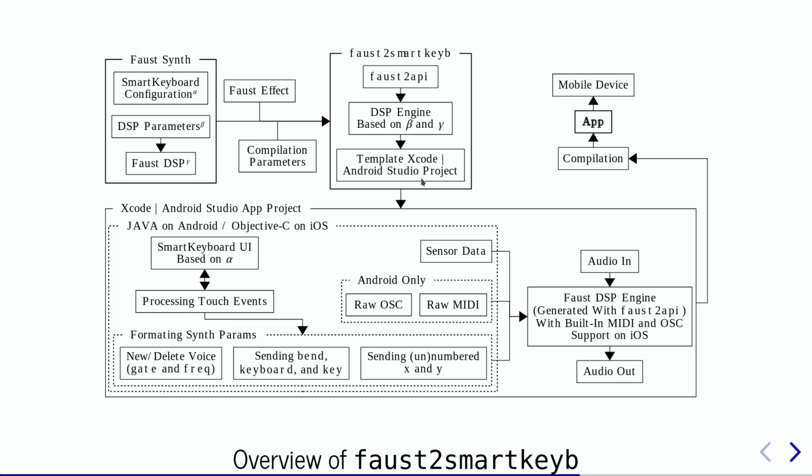So the main feature of Faust2smartkeyb is that the default user interface of your Faust application is replaced by a custom one that can be defined through a metadata that is declared in the Faust code. So the interface of your application is based on the smartkeyb configuration that is declared in the Faust code, as opposed to the regular user interface elements that you have in Faust.